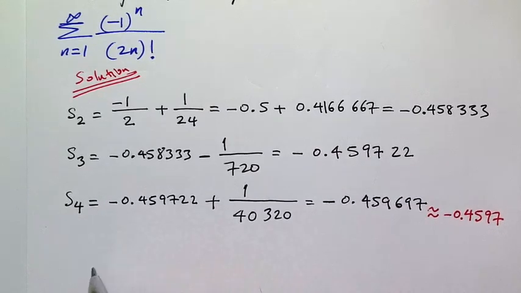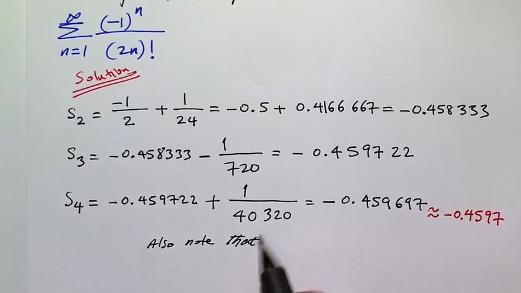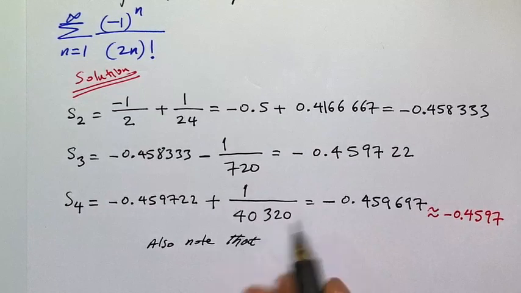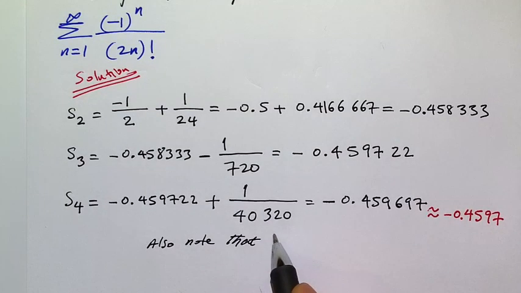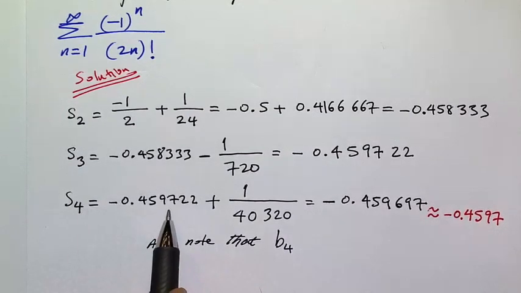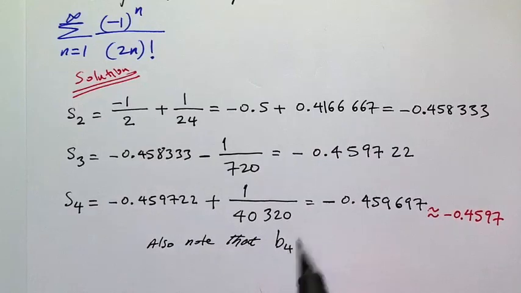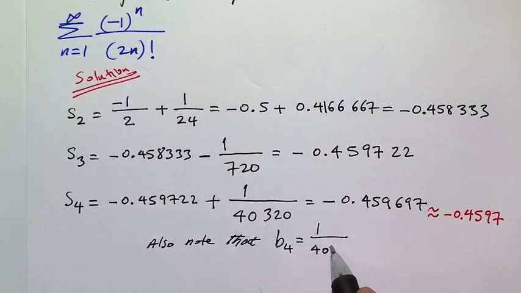And also note that this piece, just this piece, B4, right? This is the sum of the first 4 terms. But if we just look at this term, which is B4, which is equal to 1 over 40,320, what do we get?